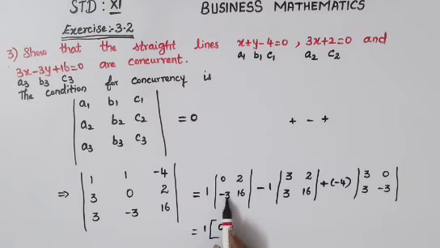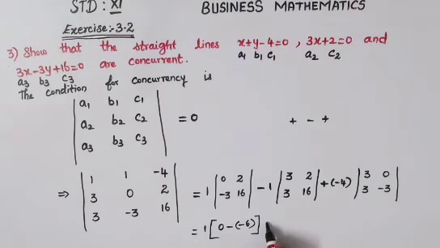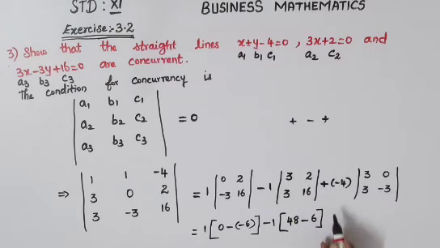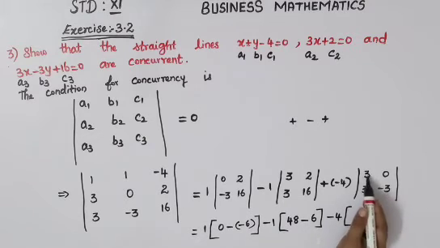Minus 3 into 2, you'll get minus 6. Minus 1 into 3 into 16, you will get 48 minus 6. And minus 4 into 3 into minus 3, you will get minus 9.